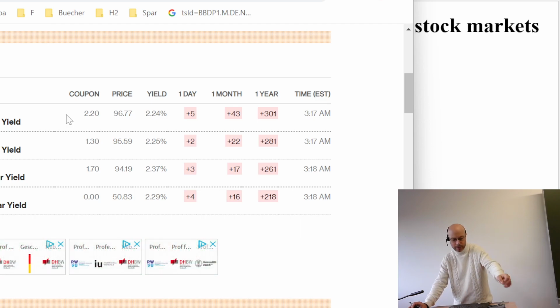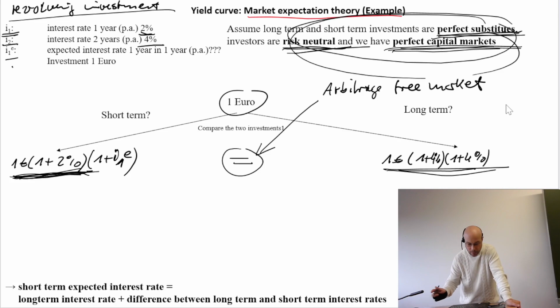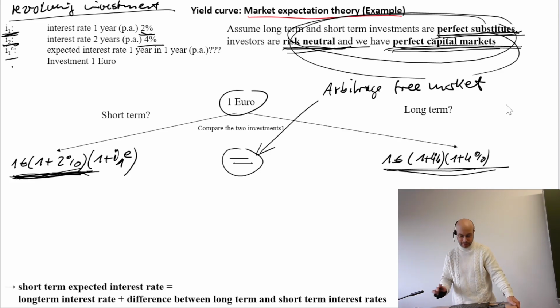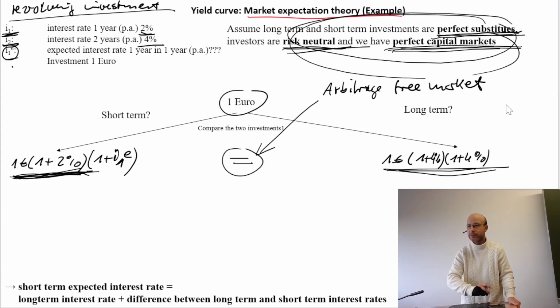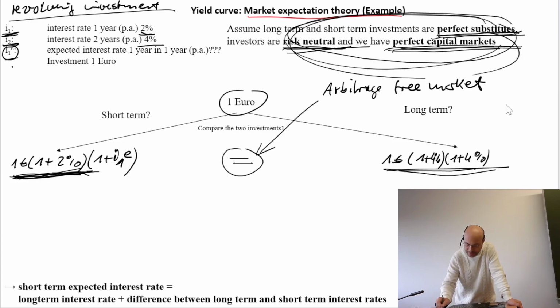So we know, and this is very important now, we know today I1 and I2, but I don't know I1E. This is the short-term interest rate tomorrow or in 1 year. But now I deduced from these assumptions that I have here an equality sign.